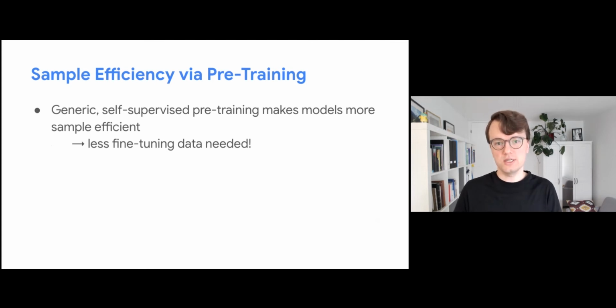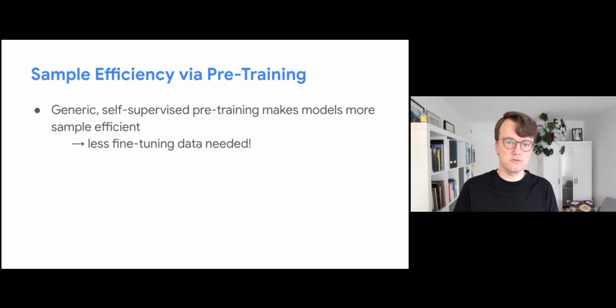But we saw last week that if you do a lot of pre-training, you don't necessarily need so much high quality code data or parallel data. So one important thing to do is to do a lot of pre-training so you can avoid some of this fine-tuning data collection, which can be very tricky and expensive.